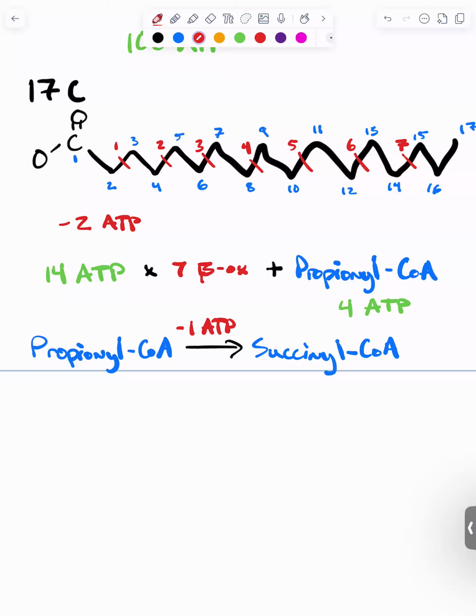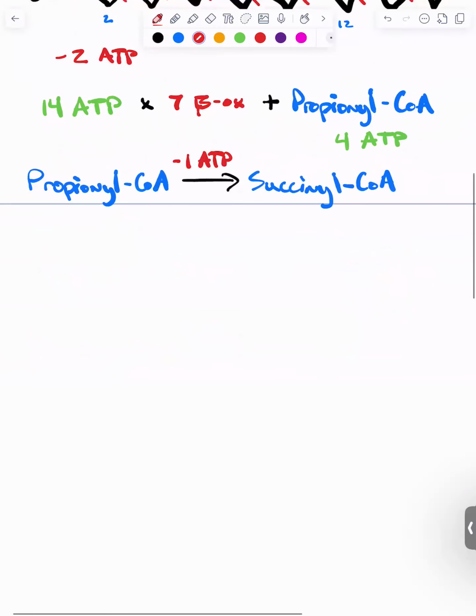Now we're starting in the citric acid cycle at succinyl-CoA rather than acetyl-CoA. If we follow acetyl-CoA to succinyl-CoA, what do we miss out on? What does acetyl-CoA generate that succinyl-CoA does not? Acetyl-CoA becomes citrate when it's attached to oxaloacetate. Then aconitase makes it into isocitrate.